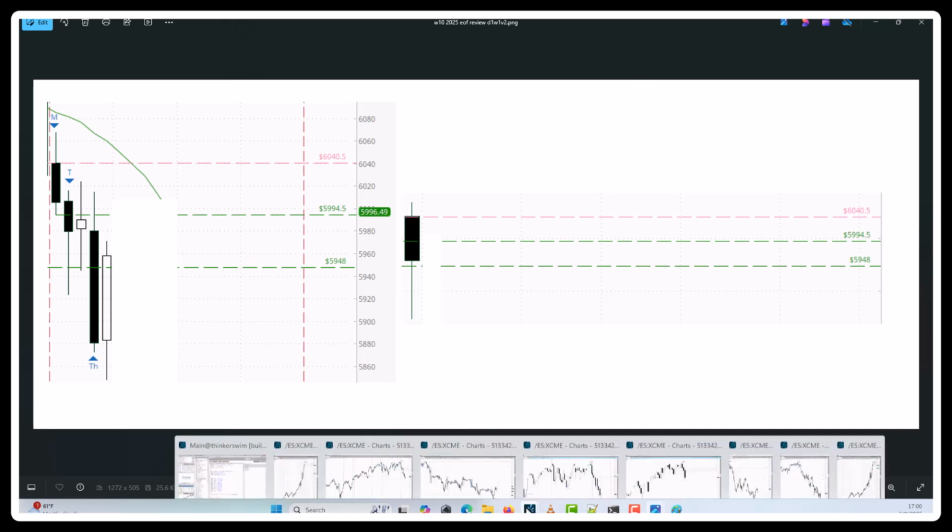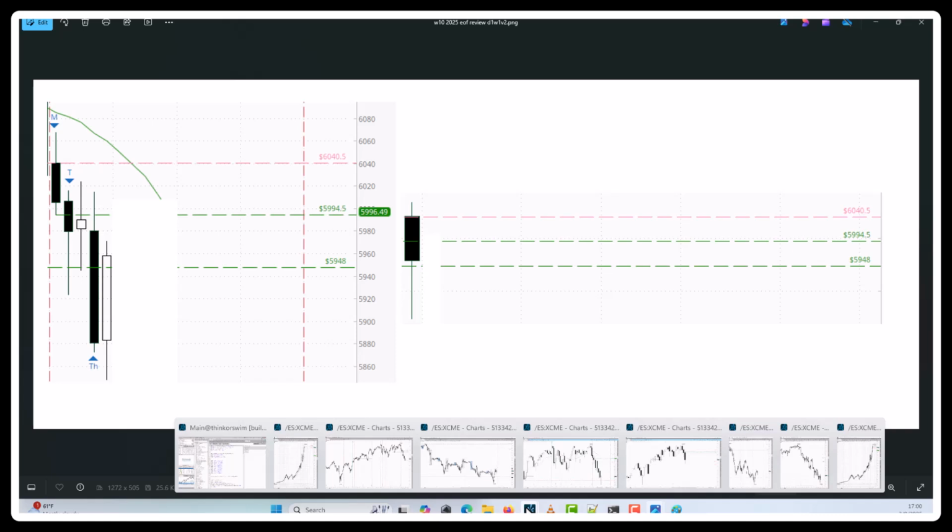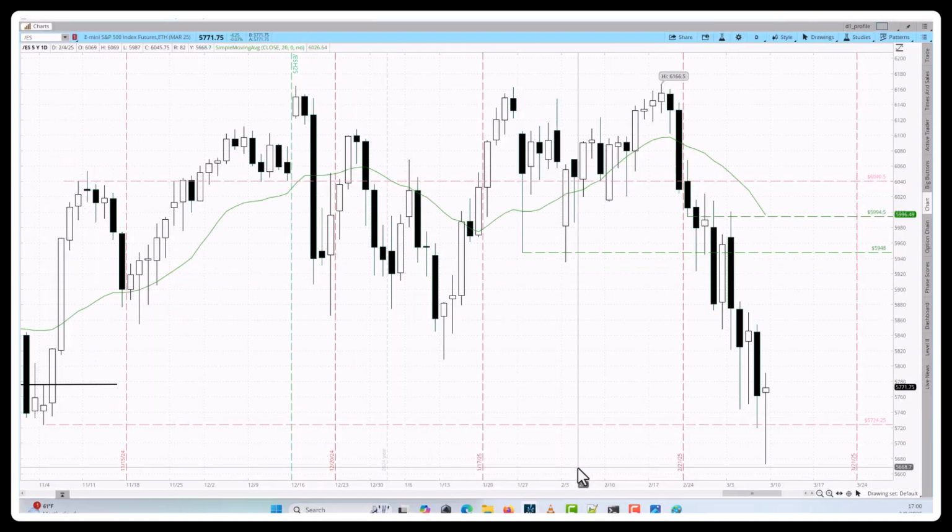Look into the daily chart right here. So the Monday right here, the open is 6040.75. Okay, so it opened just one tick, one point or a quarter, above that. It opened just above that weekly level right there.